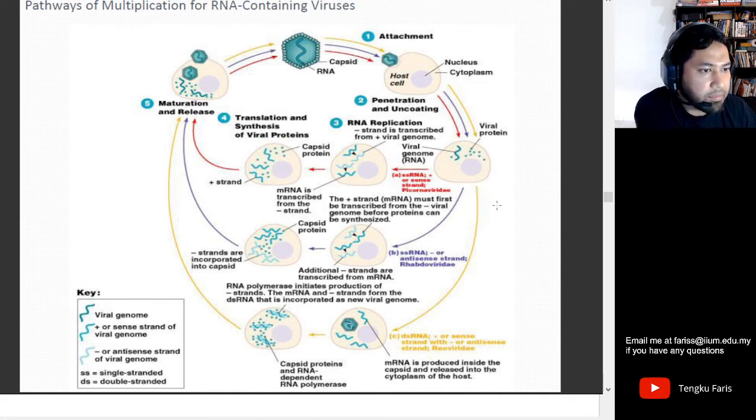So in the exam, if I ask you to give an example of single strand RNA which is positive strand, you can say Togaviridae. For single strand RNA negative sense, Rhabdoviridae. For double stranded RNA, you can say Reoviridae.